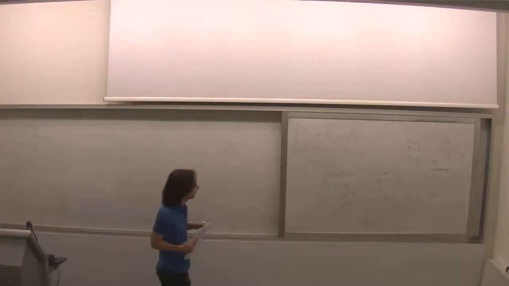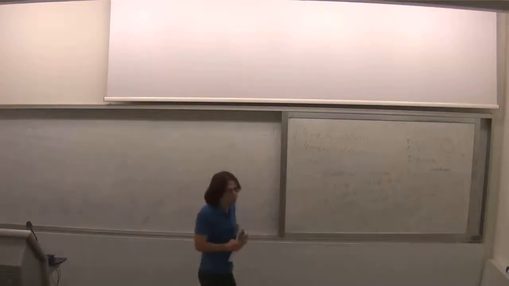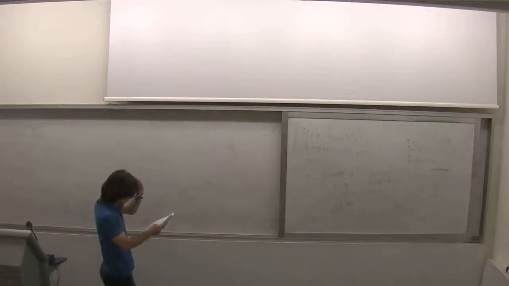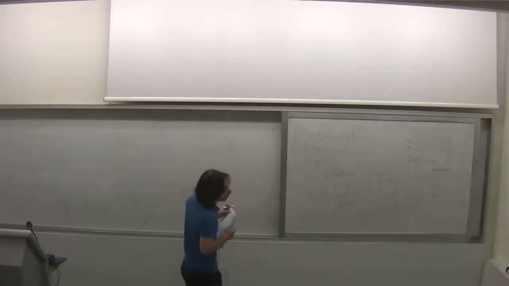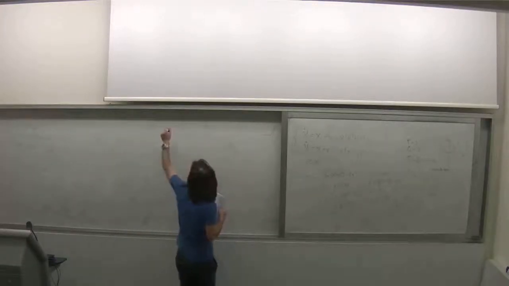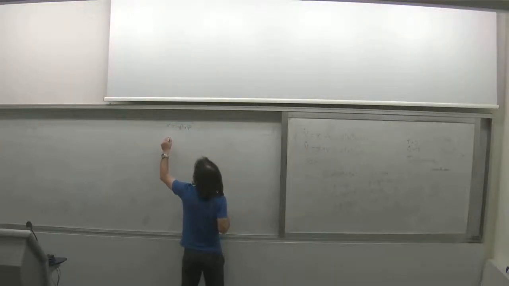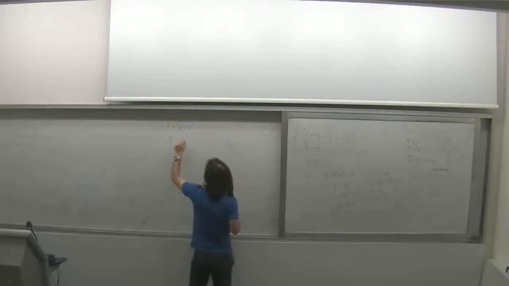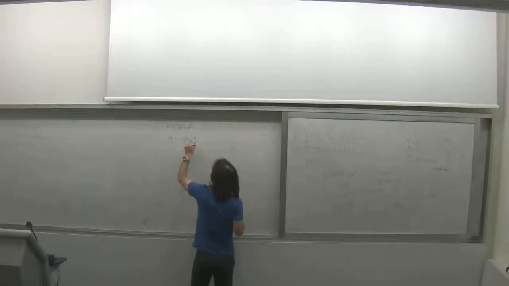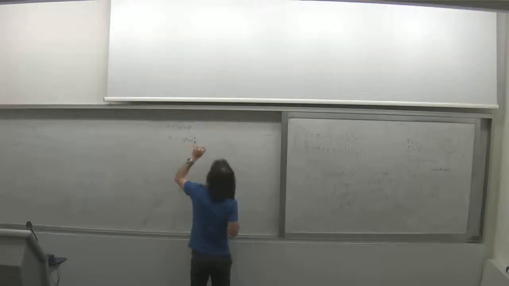In a few select systems like this one, you'll be able to find analytically that there is a limit cycle. And for this, it is useful to move to polar coordinates. So in polar coordinates, we have r is the square root of x squared plus y squared, and theta is arctangent of y over x.